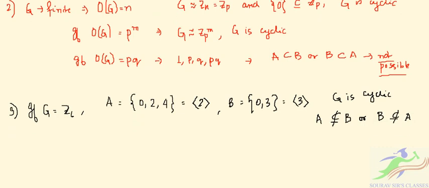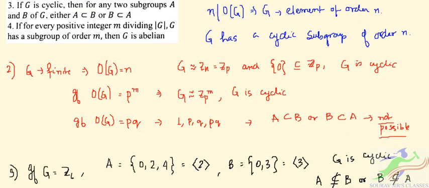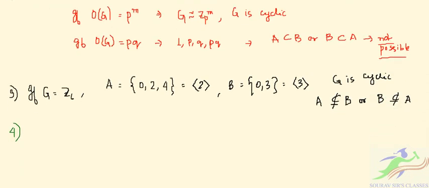Let's check the last option, option 4. It is mentioned that if for every positive integer m dividing the order of G, G has a subgroup of order m, then G is abelian. If we consider G as Z2 cross S3, then the order of G is equal to 12, and what are the divisors of 12?